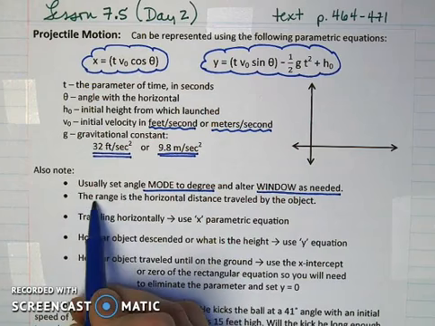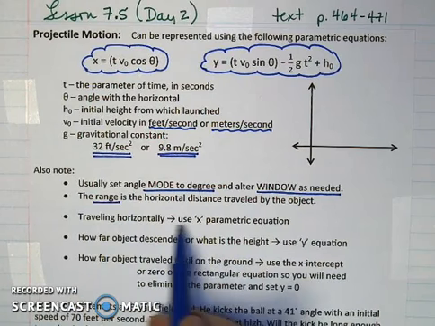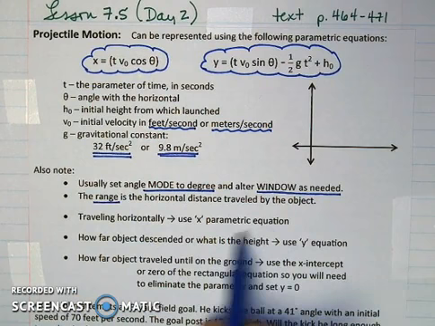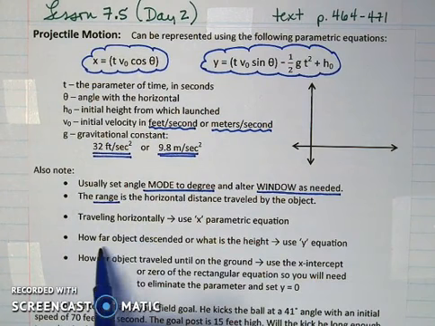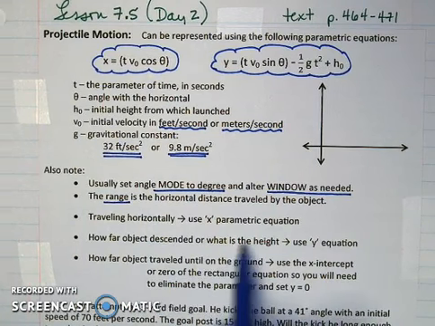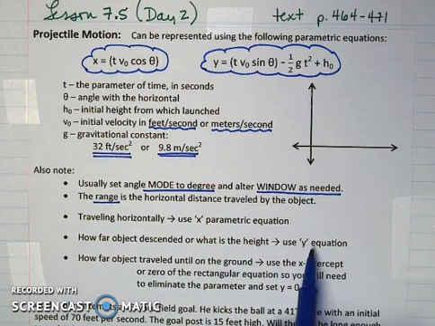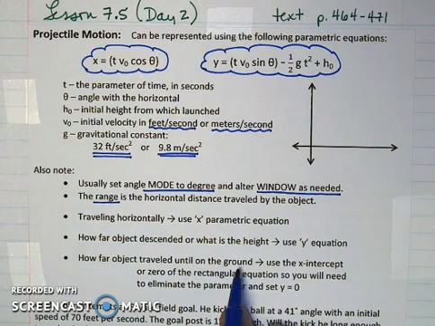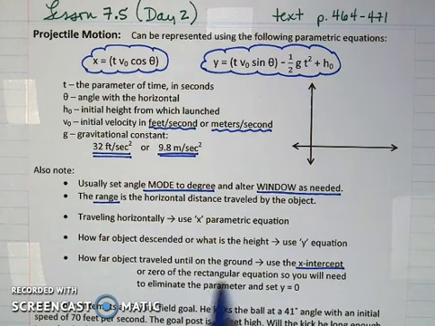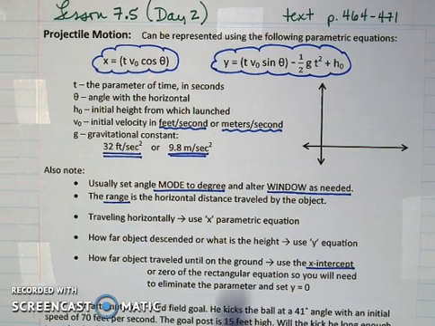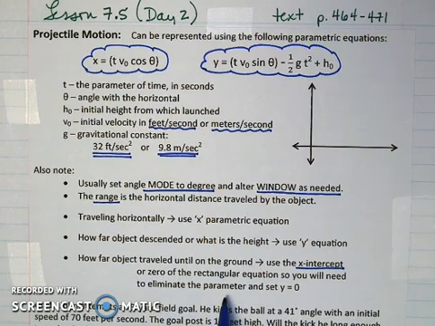And if you're traveling horizontally, you're using the x parametric equation. If you want to know how far something's descended or what the height is, you would use the y. How far it's traveled until it's on the ground or landed, you would use the x-intercept. So to get the x-intercept of your function, very often you need the 0 or you need the rectangular equation, so you have to eliminate the parameter that we learned in the last lesson.